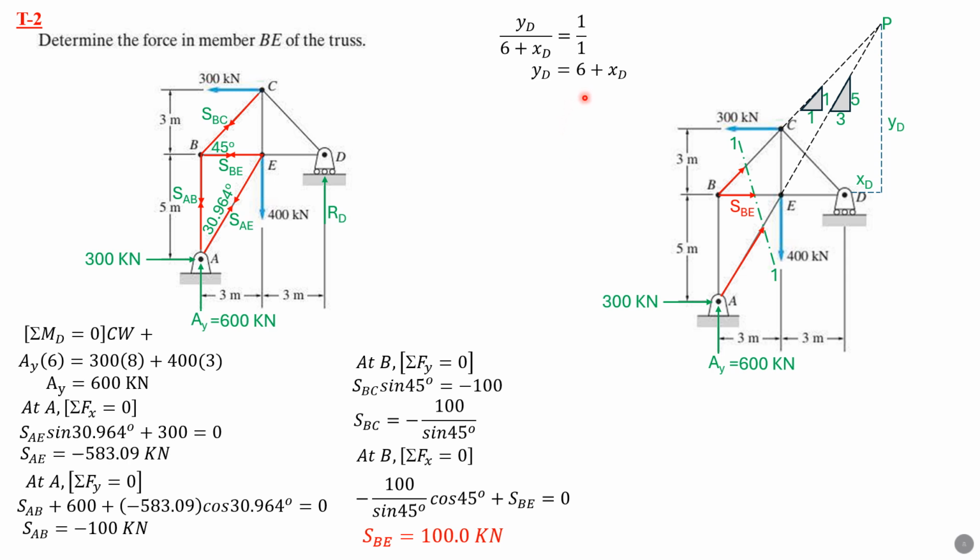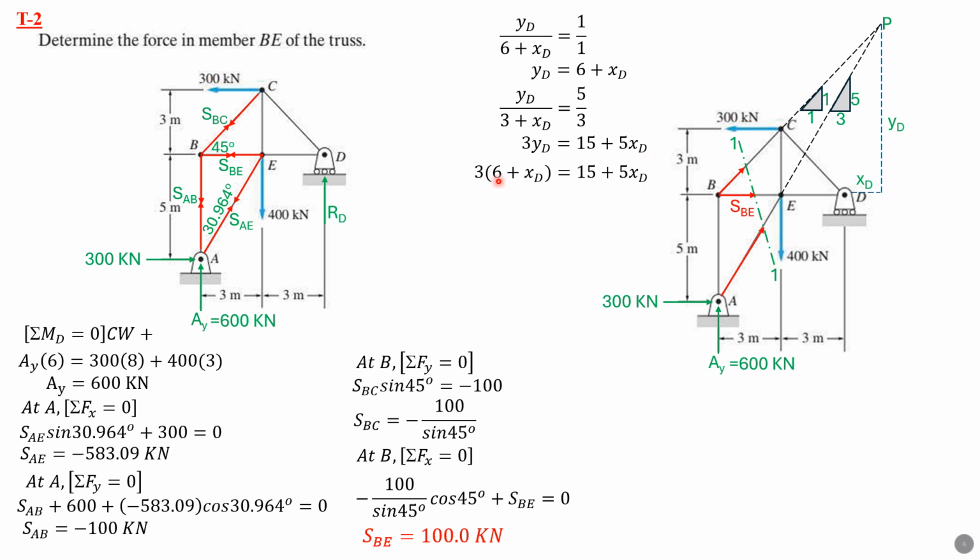Then for this triangle here, we have YD over 3 plus XD equals 5 over 3. Cross multiply: 3YD equals 15 plus 5XD. And substituting the value of YD, which is 6 plus XD, we can now solve for XD.